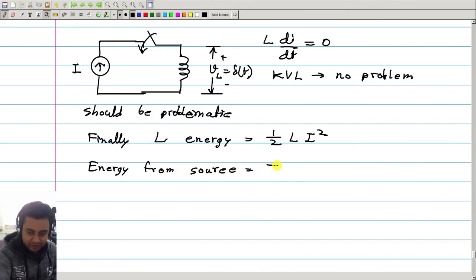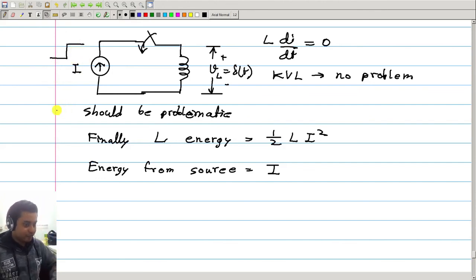But first of all, the problem here is that if we do not have a parallel source, then this current has to be a step function, but that is not allowed. So how do you calculate the energy? You cannot calculate the energy like this. But even before that, this is contradictory. I got a very good, strong contradiction.